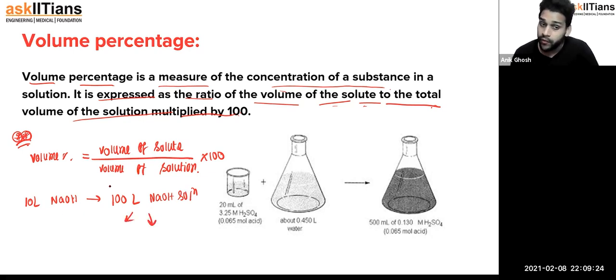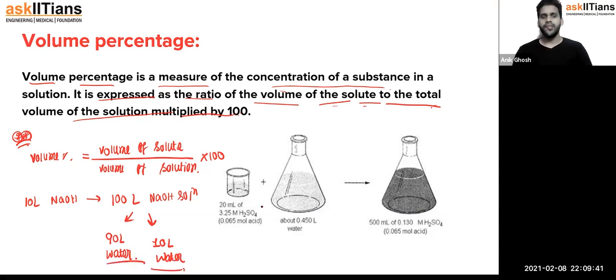What does it mean? It means 90 liters of water and 10 liters of NaOH. Only then it can make 100 liters of NaOH solution.